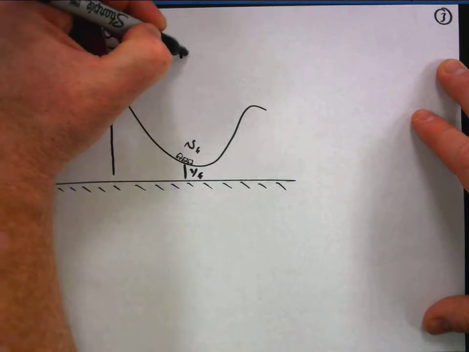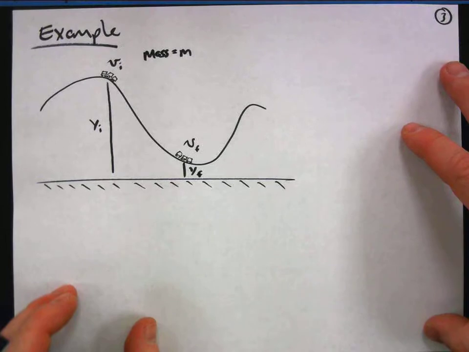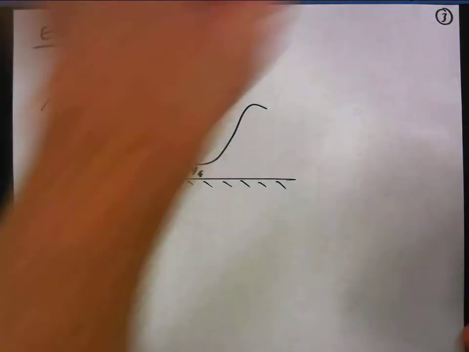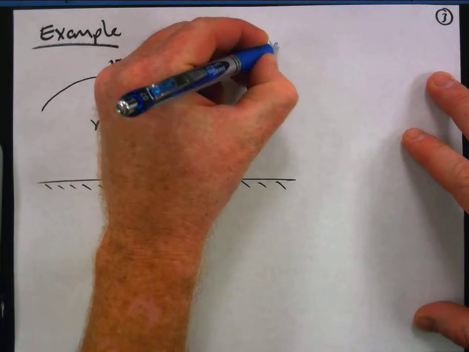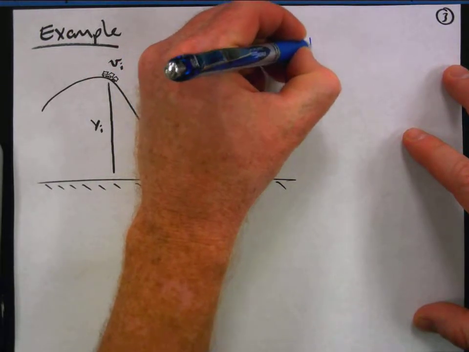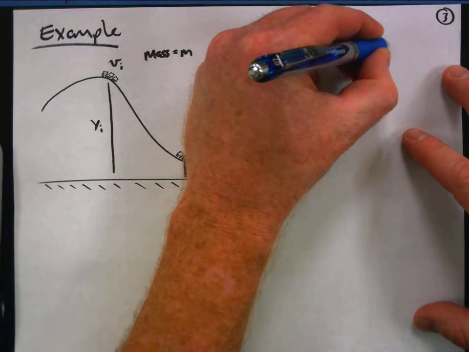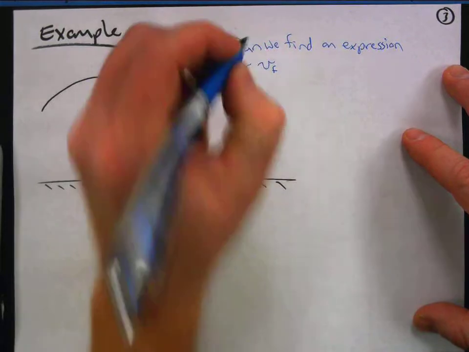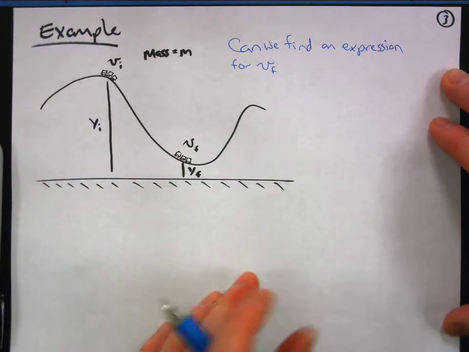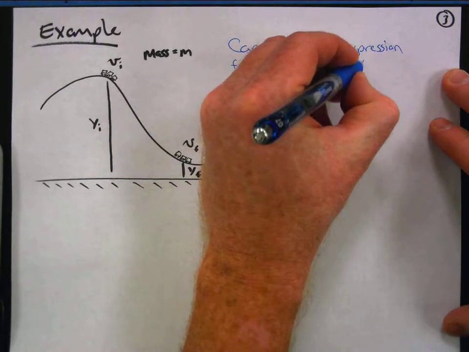Okay. And we're going to ask ourselves an important question. Can we find an expression for final velocity in terms of other variables?